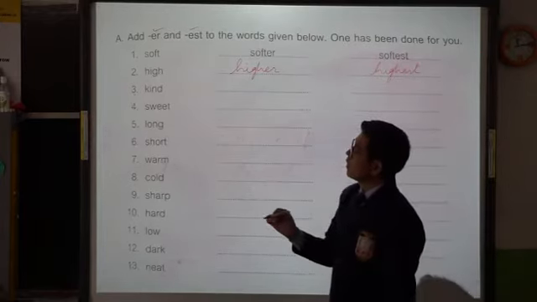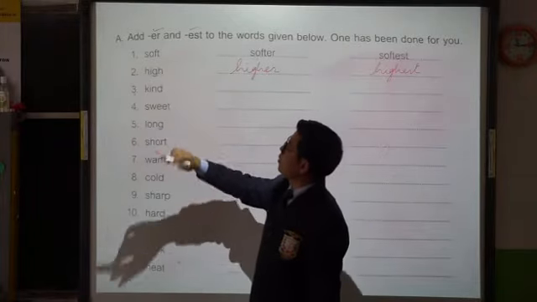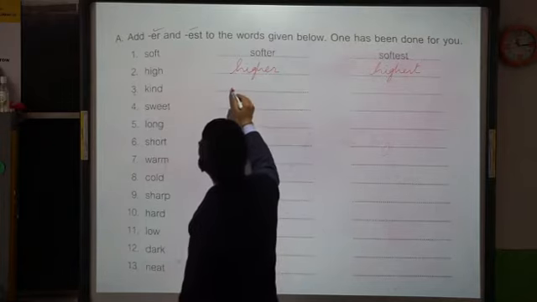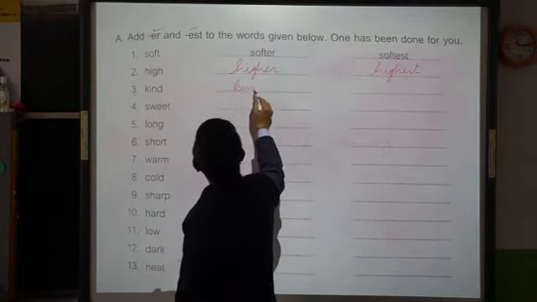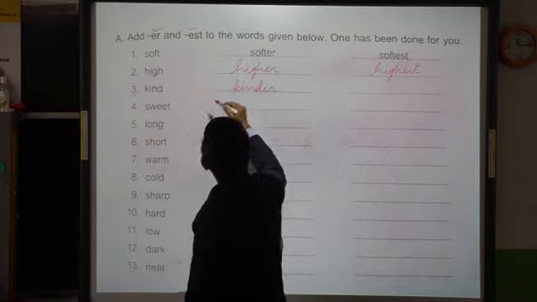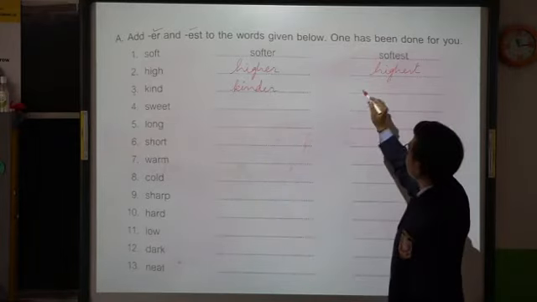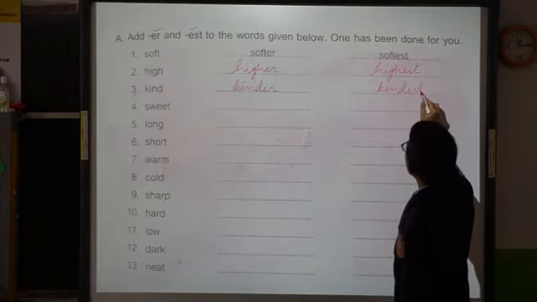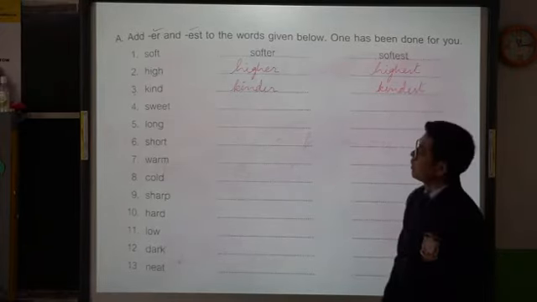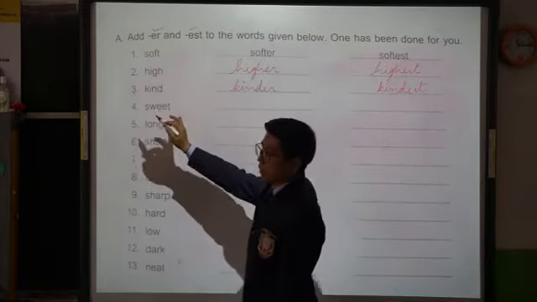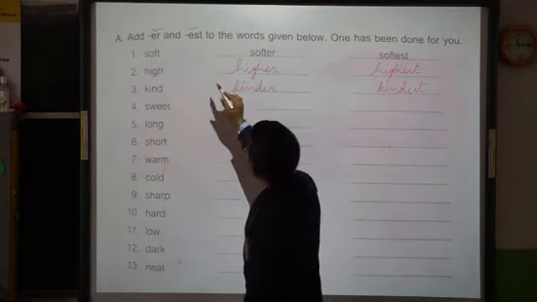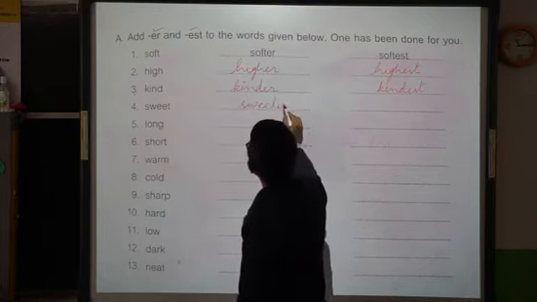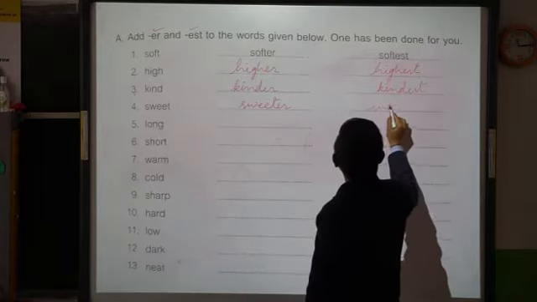Alright, now the third is kind. So first in this row we add ER to this word. K-I-N-D-E-R, kinder. And then superlative will be kindest. The next we have sweet. Add ER in the first row, S-W-E-E-T-E-R, sweeter, sweetest.